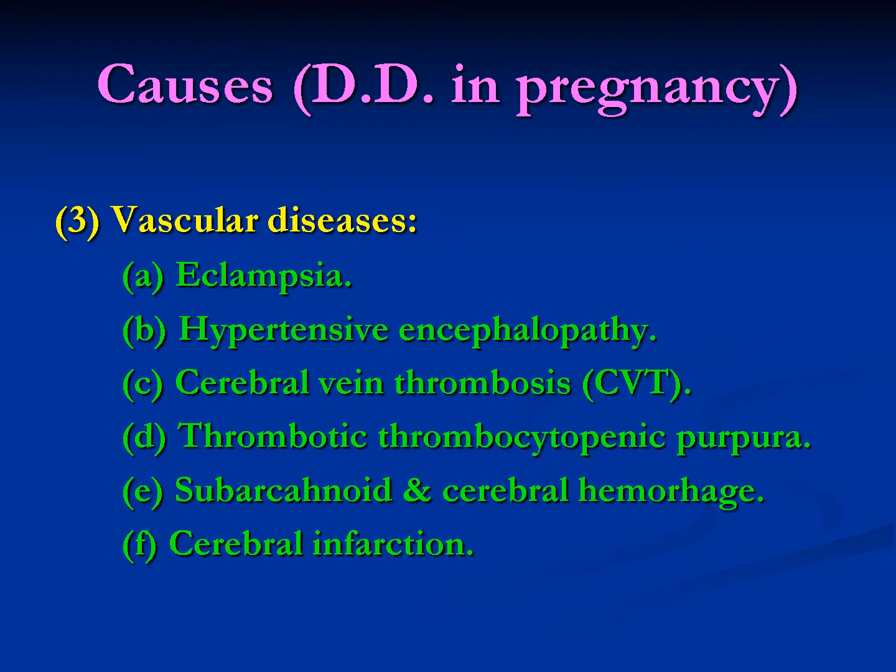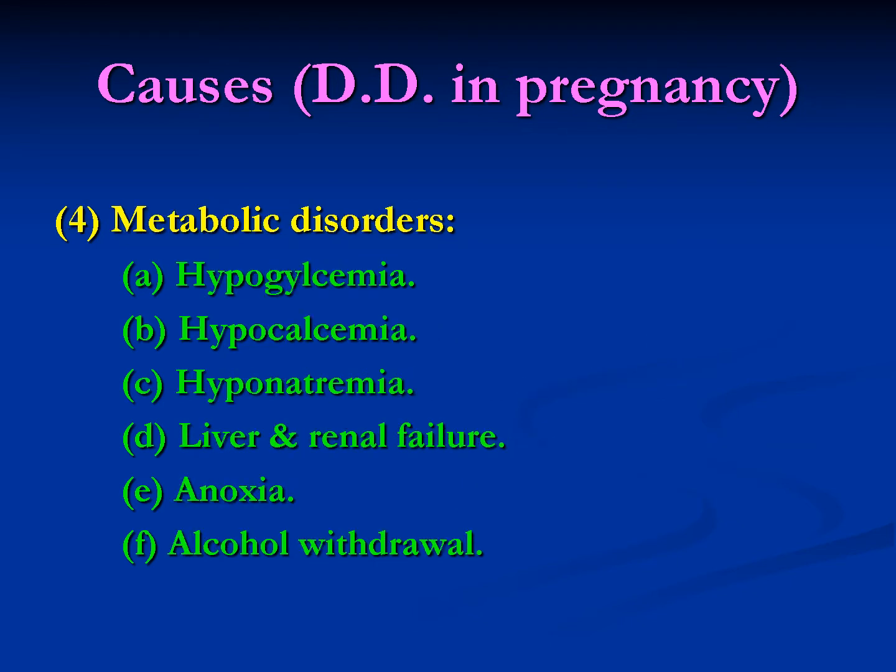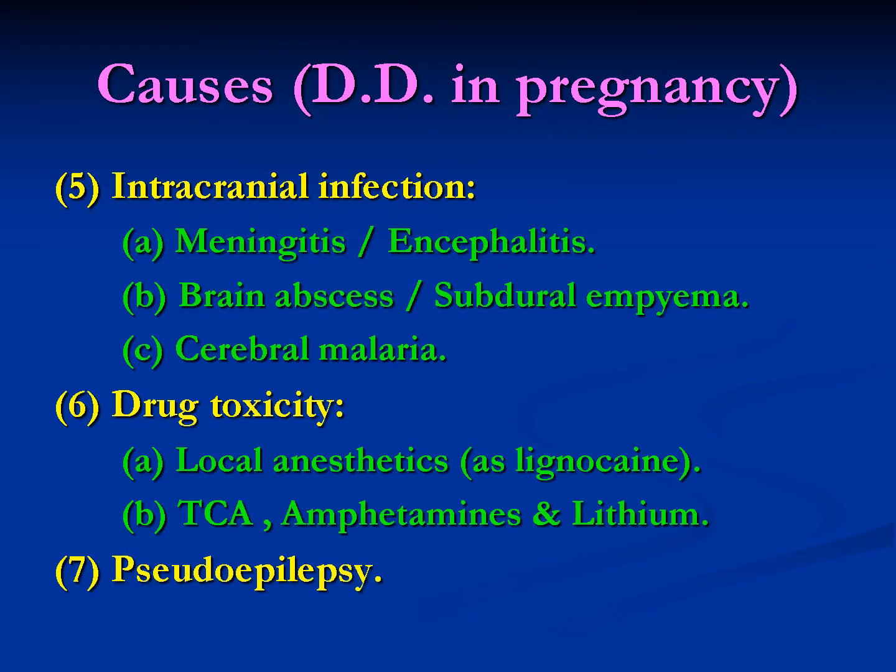All these may be differential diagnoses of convulsion with pregnancy. Other causes include metabolic disorders such as hypoglycemia, hypocalcemia, hyponatremia, liver and renal failure, anoxia, and alcohol withdrawal; encephalitis, brain abscess, subdural empyema, cerebral malaria; drug toxicity like lignocaine, local anesthetics, amphetamines, lithium; and pseudoepilepsy.